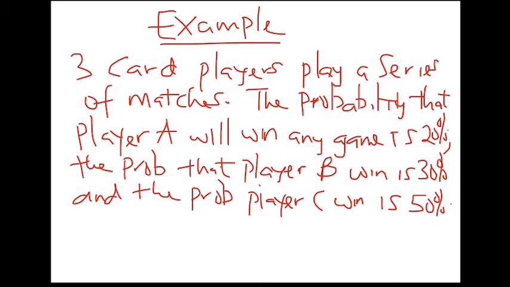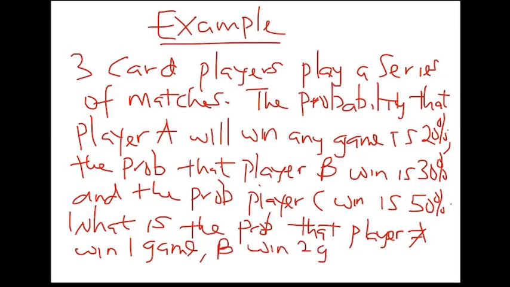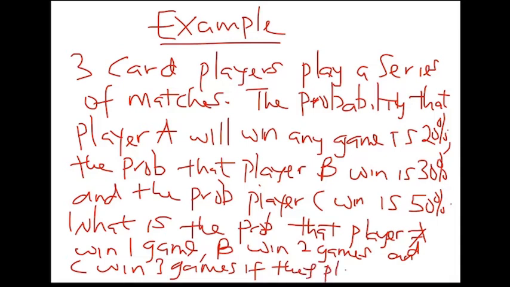Now the question, based on these probabilities, is: what is the probability that player A wins one game, B wins two games, and C wins three games, if they play 6 games?